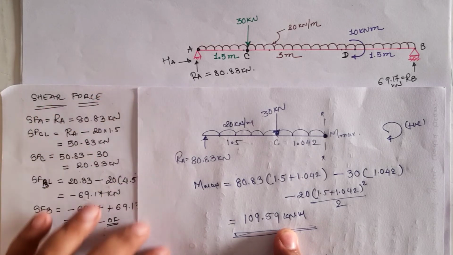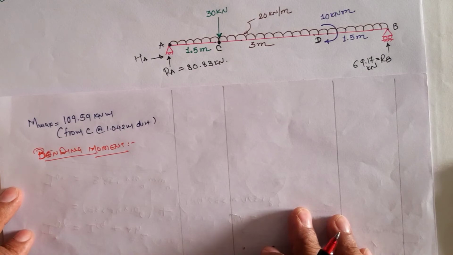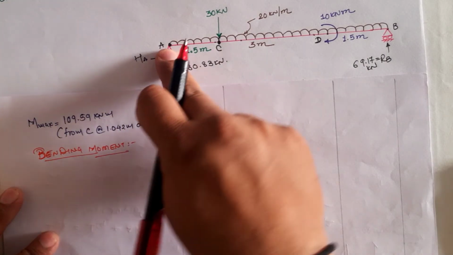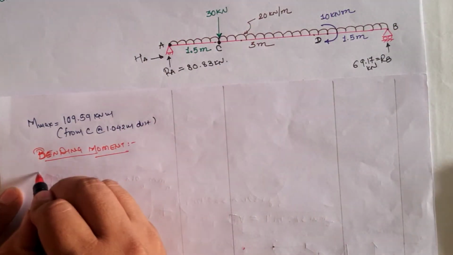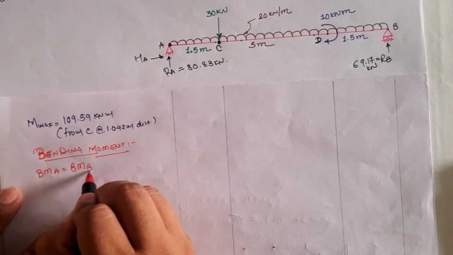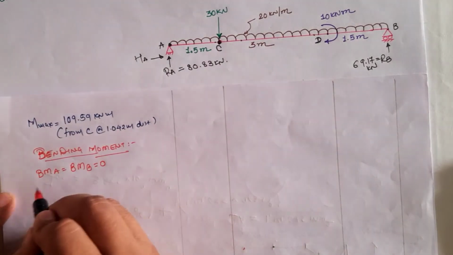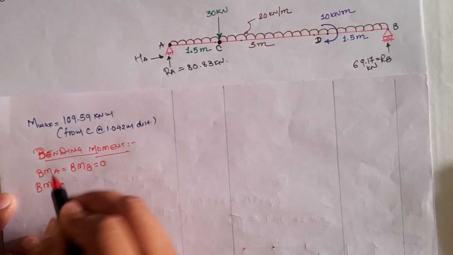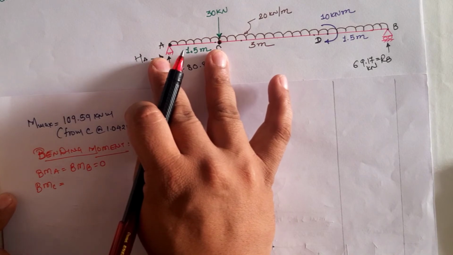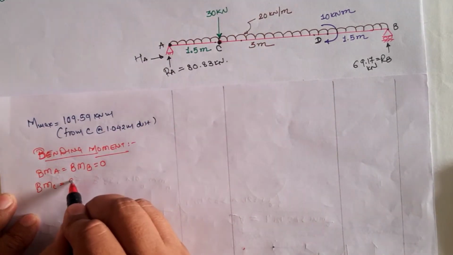Now going ahead for the calculation of bending moment at different points. We know that at the end of the supports, the moment must be equal to 0. So bending moment at A and bending moment at B must be 0. Now at location C, if we take the left hand side direction, then the moment is RA into 1.5 in clockwise value, hence it is positive.